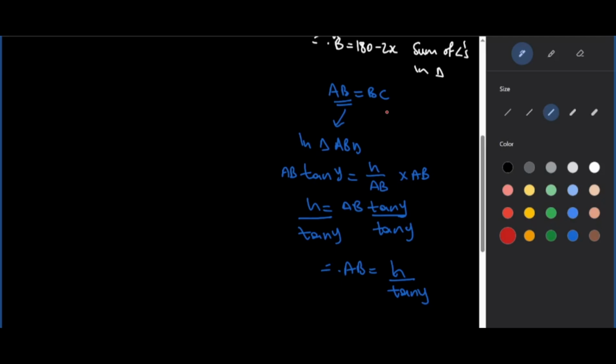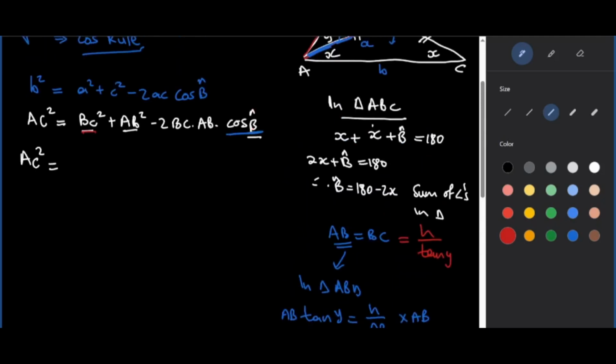Both of these are equal to H over tan Y. But now, H over tan Y is squared, and then I have to add this with H over tan Y. You see now, my question is more complicated. I don't want to work with complicated things, so I'm going to stop. I'm in an exam, and I'm going to breathe in, breathe out.